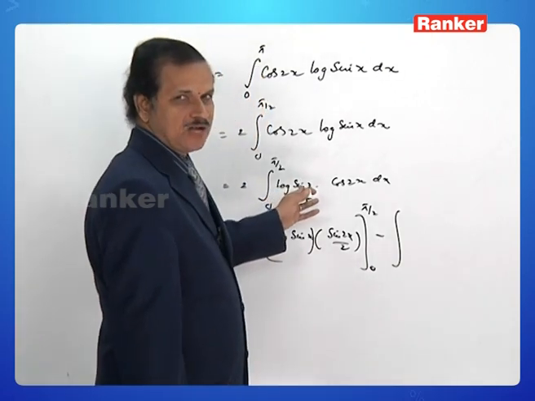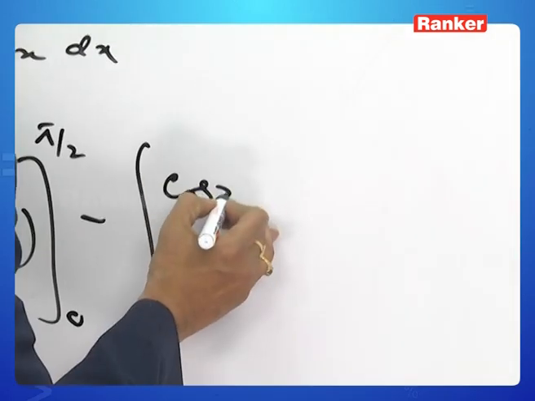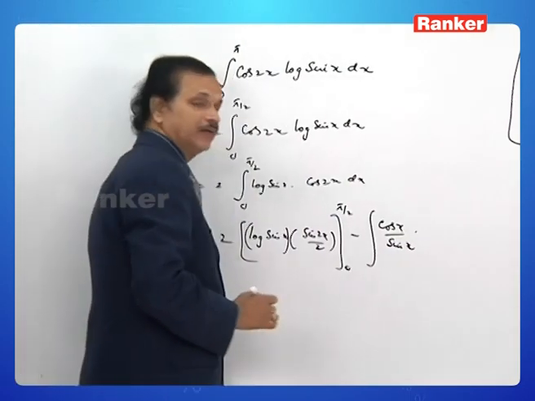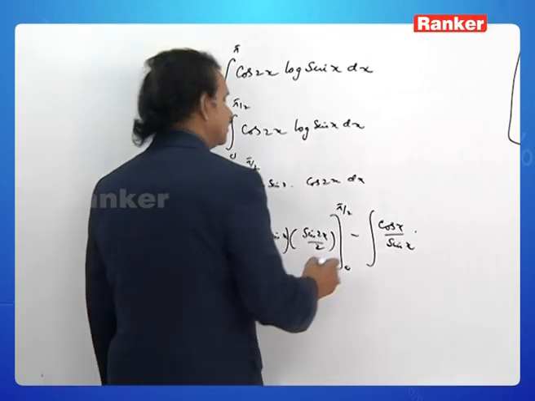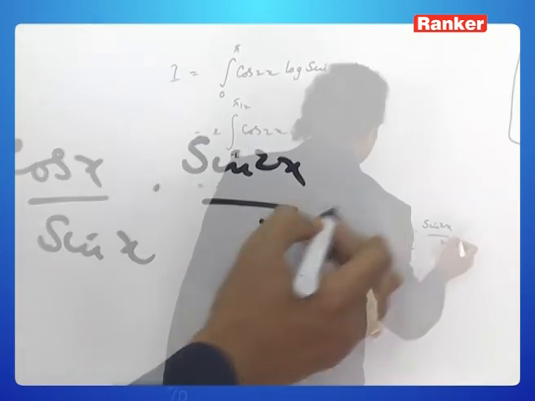What is the derivative of log sin x? 1 by sin x into cos x, that is cos x by sin x, into integral of g of x. What is the integral of cos 2x? Sin 2x by 2, dx.